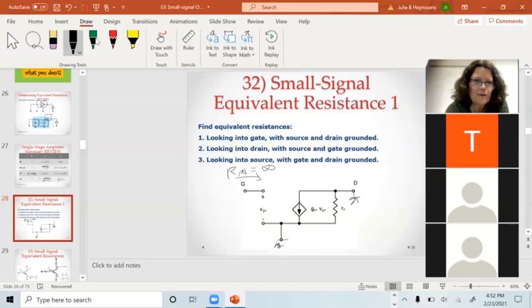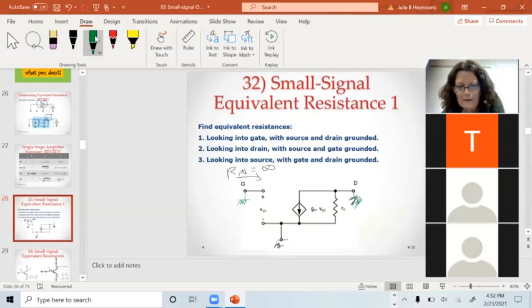If I switch that around and ground the gate and the source, then VGS is 0, which means this is 0, which means my output resistance looking into this node is little RO. If I put a drain or a load resistor in parallel with that, I'd have to take the parallel combination.